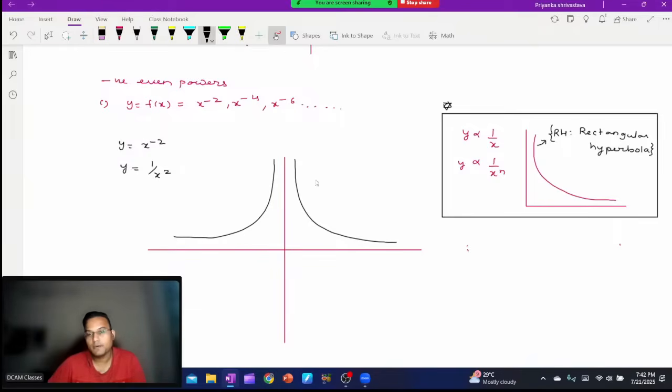But now if I ask you, this is x power minus 2. Y is equal to x power minus 2. What about y is equal to x power minus 4? Will it go away from the x and y axis, or nearer?